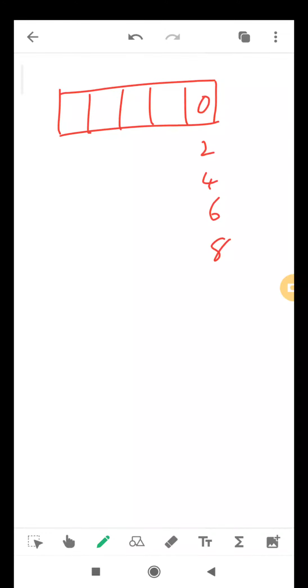So the unit digit must be an even number, 0, 2, 4, 6, 8, or you can say a number that is even is always divisible by 2 exactly. Okay, that is the rule.